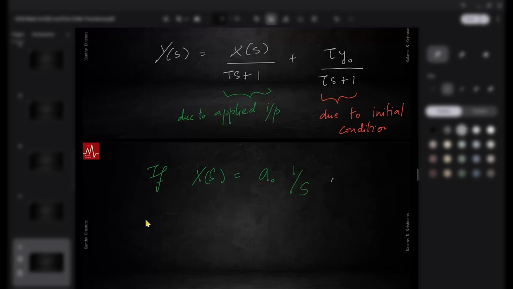So in this case, now your y of s, let me write down the two terms separately. A naught, 1 by s into tau s plus 1, and then plus tau y naught by tau s plus 1. There is also a naught here.